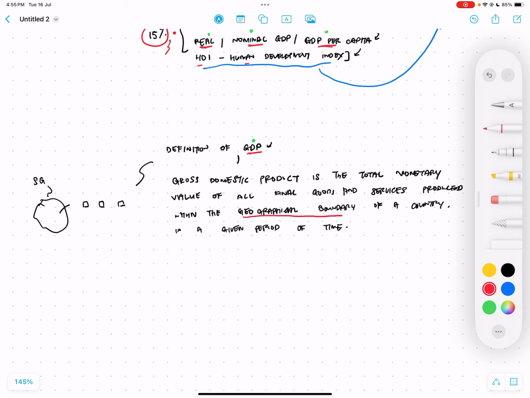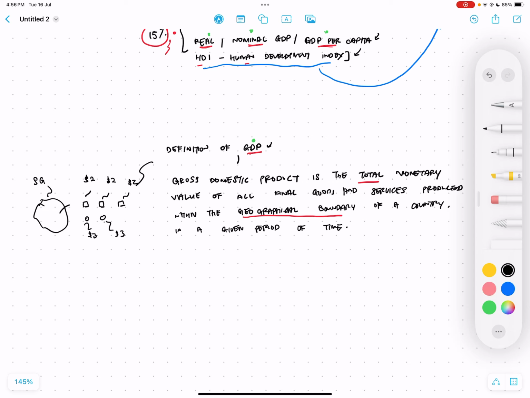Anything within this black color boundary, it's Singapore. Anything that this boundary produces is counted within GDP. So it's a total value. Every country will produce squares and circles, right? You cannot sum up squares and circles. What you do is you sum up their monetary values. If the square is $2, then this is $2, $2, and this is $3, and this is $3. You can't sum up squares and circles, otherwise you get a list.